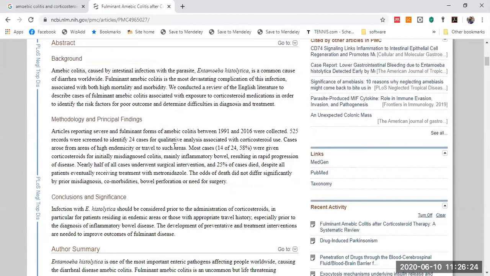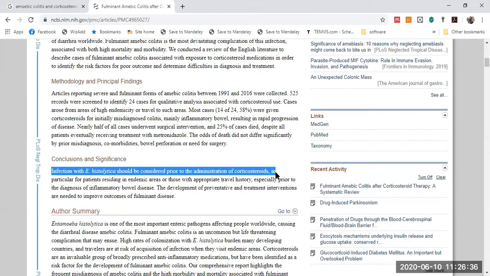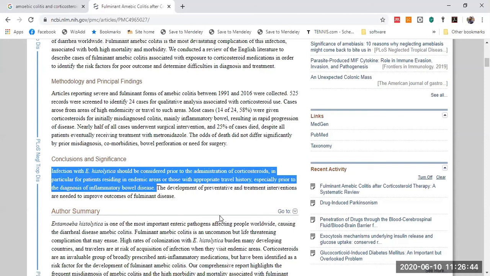They are discussing the findings and discussions. They mentioned that infection with Entamoeba histolytica should be considered prior to the administration of corticosteroids, in particular for patients residing in endemic areas or those with an appropriate travel history, especially prior to the diagnosis of inflammatory bowel disease.